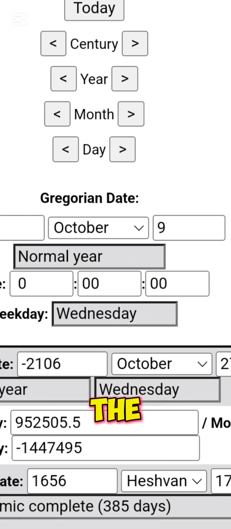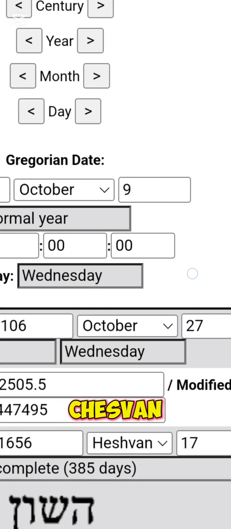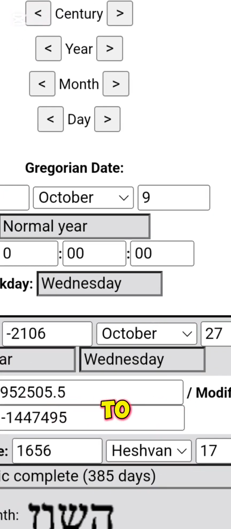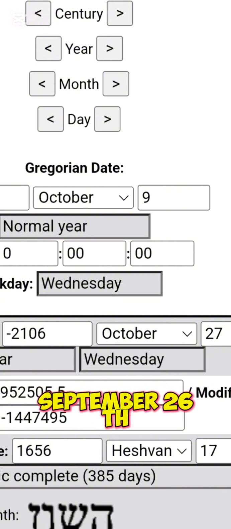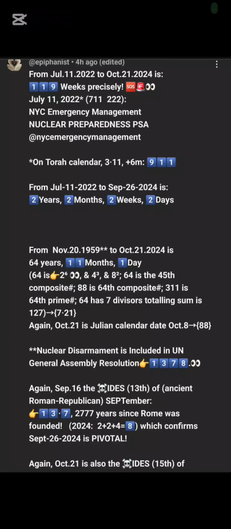October 9th, the exact day of this massive Milton hurricane that they made sure everyone evacuated for and knew about all throughout the world. The exact date, Cheshvan 17, the day of the flood, translates to October 9th on the Gregorian calendar. Give me a break, man. This September 26th is literally off the charts.